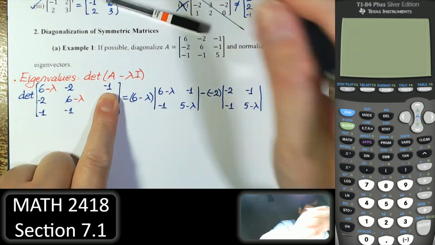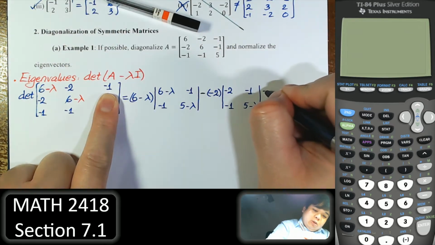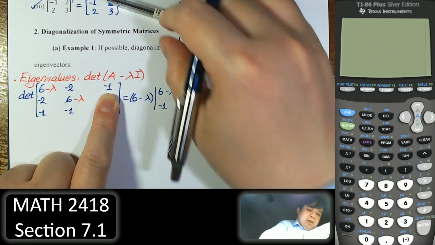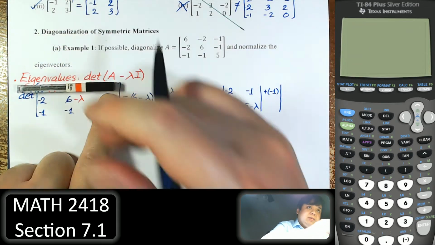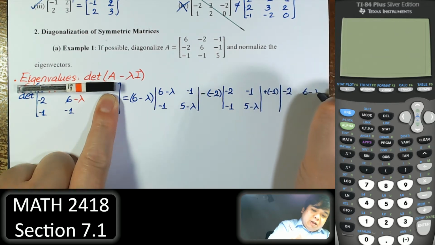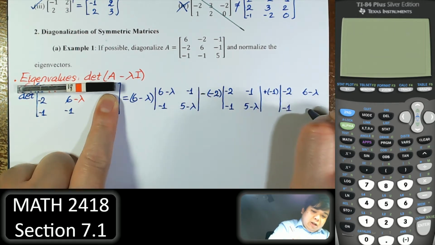And then the last one is -1, which will be a plus, with the submatrix -2, 6 minus lambda, -1, -1.